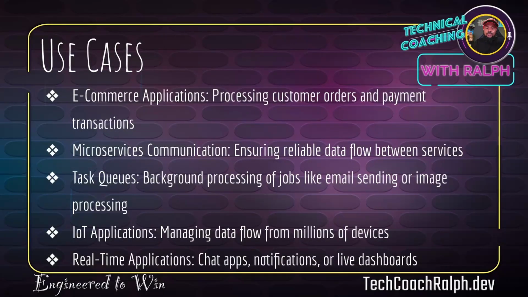Let's talk about some use cases for messaging brokers. We have e-commerce applications processing customer orders and payment transactions. We have microservice communication, which we were just talking about, ensuring reliable data flow between services. We have task queues, background processing for jobs like email sending or image processing. I'll give you an example with the image processing.